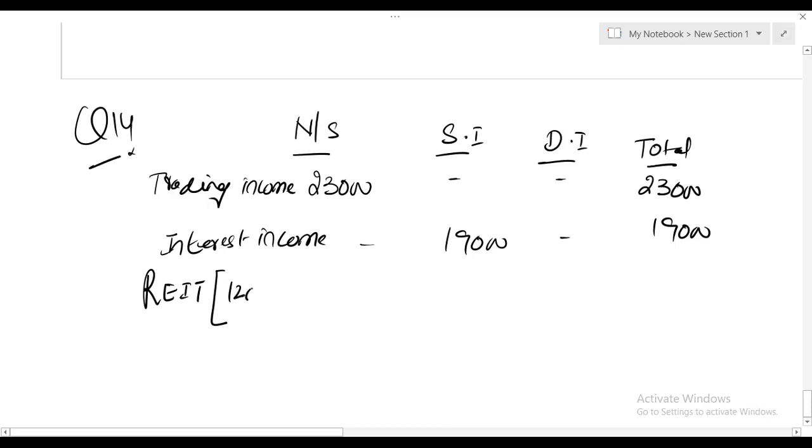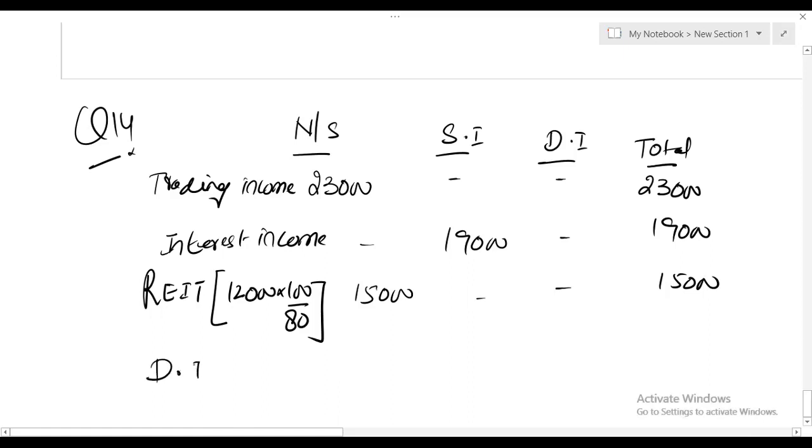We have to gross up this 12,000 by multiplying with 100 and dividing this with 80. Let me use the calculator. What I will get, let's see. I'm getting 15,000. And this 15,000 is your property income, and property income falls in non-saving income.